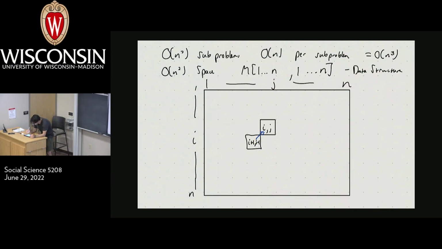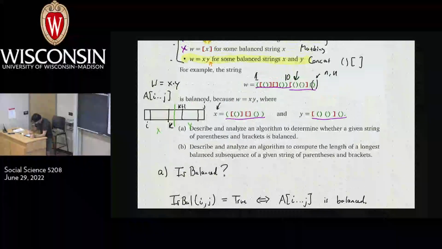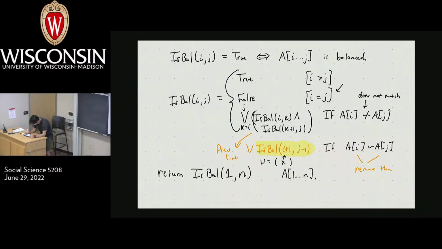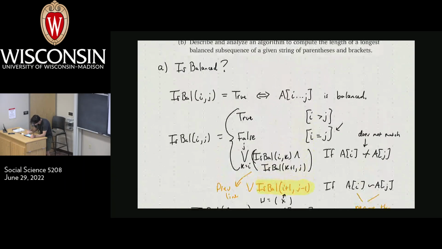So we're on the same row as i, but the k values are going to be bigger than i, right? So we're in the same row, but the column is going to be, I think, to the left.